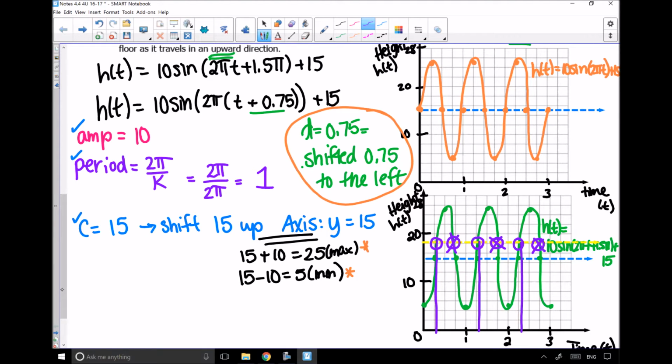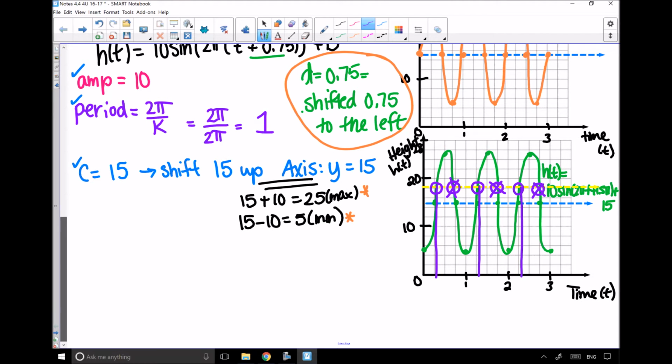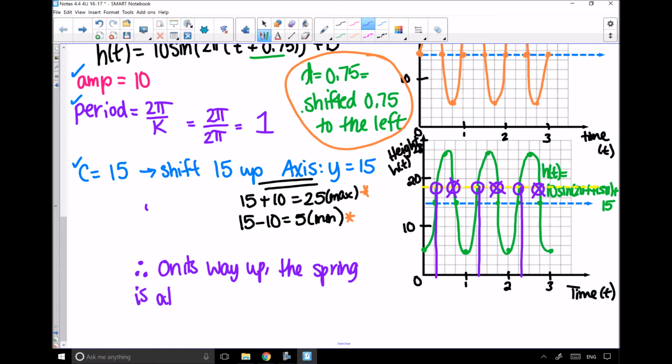So therefore, we can say that our answers are on its way up, the spring is at a height of 18 centimeters at about, and then we're going to figure out our answers here.